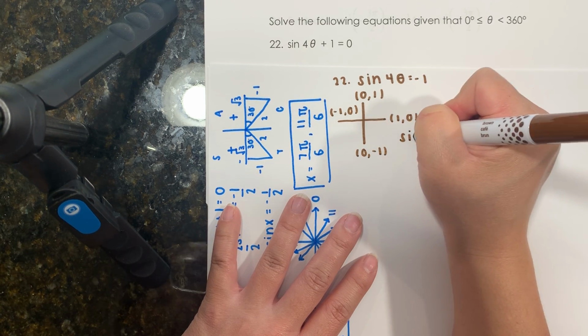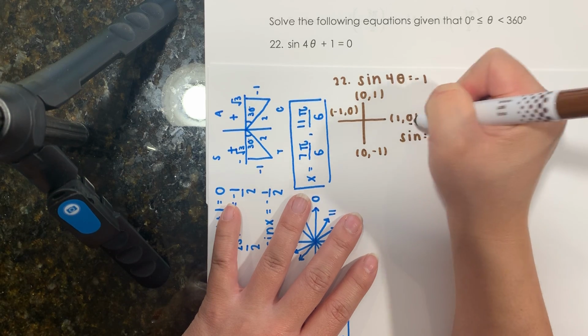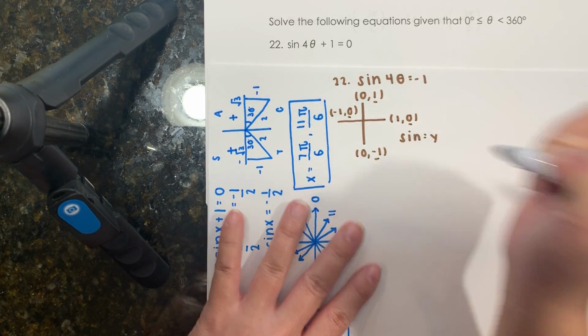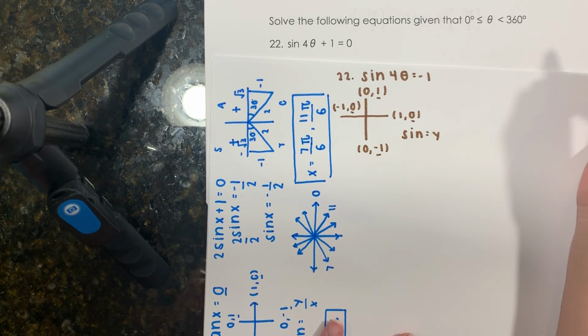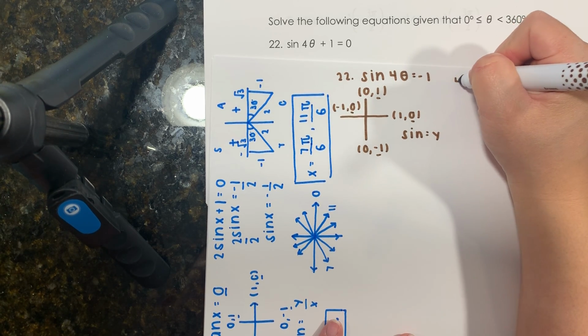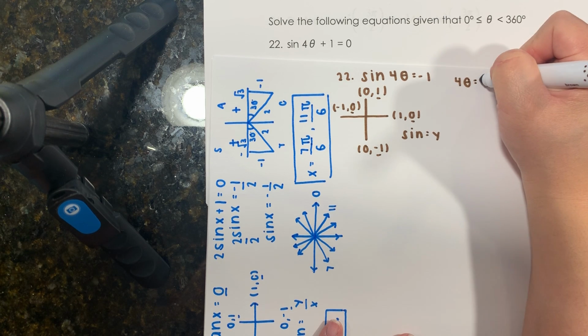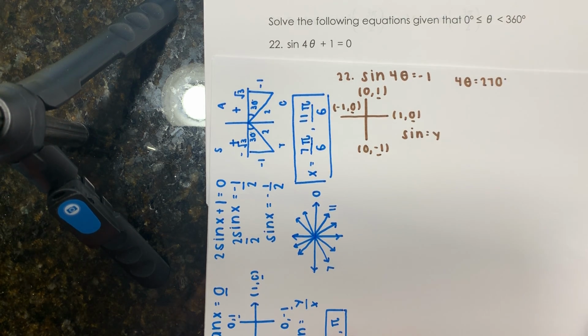And sine is equal to the y-coordinate. So I'm going to underline all my y-coordinates. And if you notice, there's only one y-coordinate that's equal to -1. And that would be at 270 degrees.